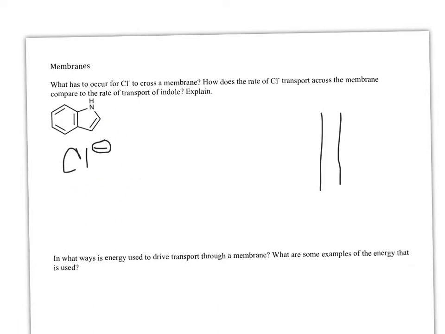In the case of indole, not going to be nearly as comfortable with the water because this is largely nonpolar, with a little bit of polarity at that nitrogen NH group. But overall, it would be fairly nonpolar. So there would be water around it.